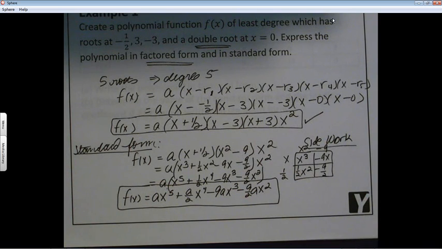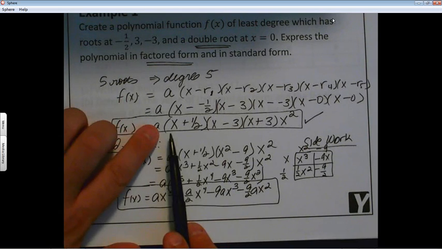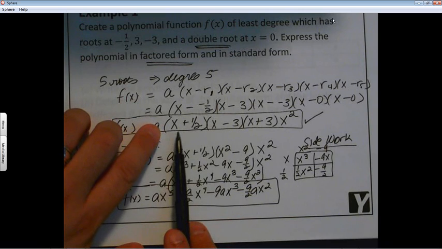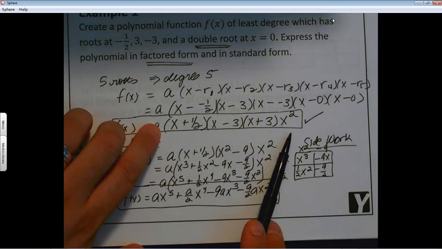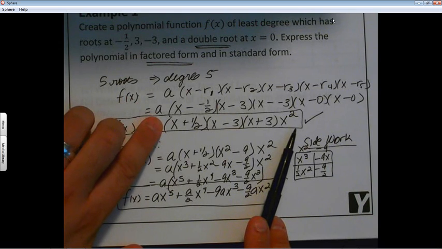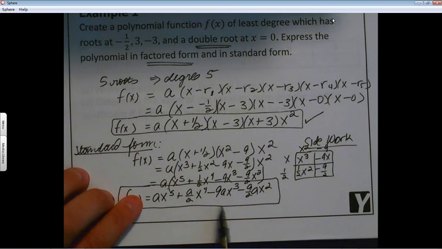You could multiply through by the a to get a x to the 5th plus a over 2 x to the 4th minus 9a x cubed minus 9/2 a x squared. That would be the standard form of this polynomial. This guy up here is the factored form.